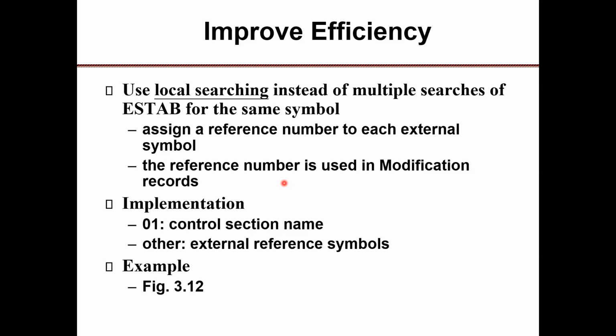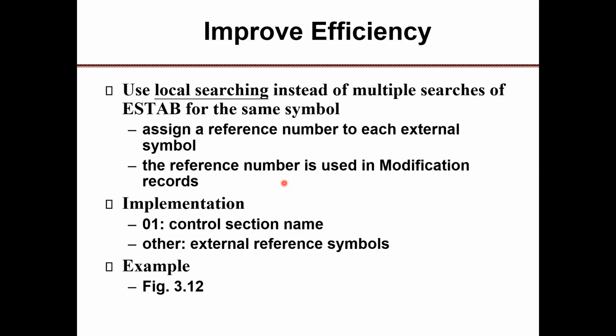Starting with symbol number 0, to symbol number 1, down to n-1, we then can create a unique symbol number or reference number for each symbol in the table. Okay, and then use that in our modification records, and that alone will increase the performance of any search in the ES tab, because now we're simply doing an integer search instead of an array of character search, which is significantly longer.